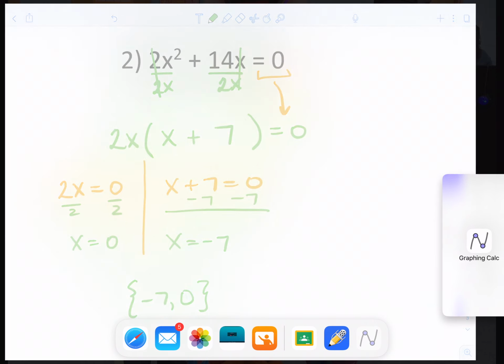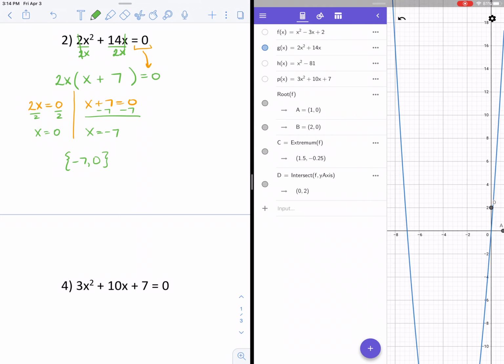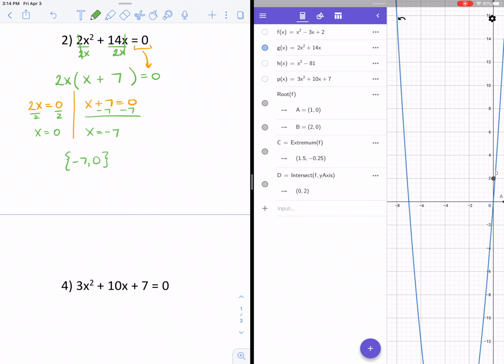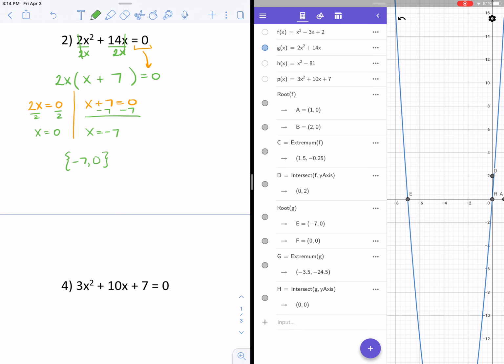And now let's look at the graph of number 2. So I'm going to turn off that graph and turn on that second graph. And where does that graph cross the x-axis? If you can't see it again, I could hit the 3 dots next to that equation, special points, and now the special points are for this graph.